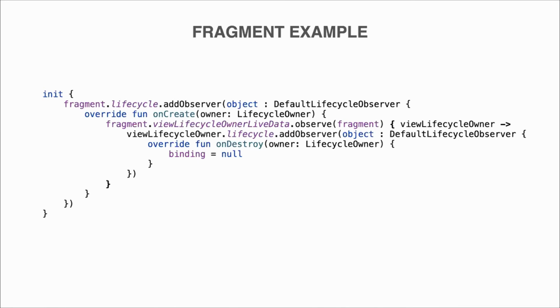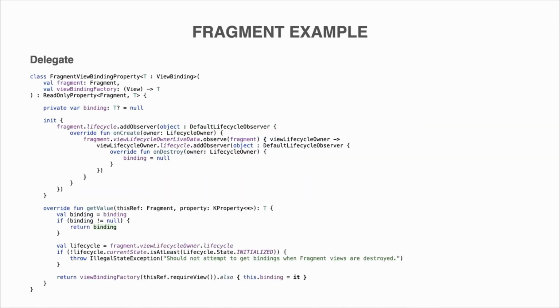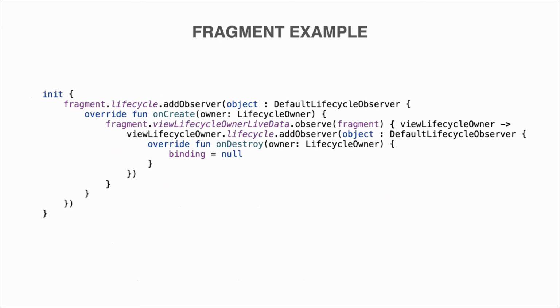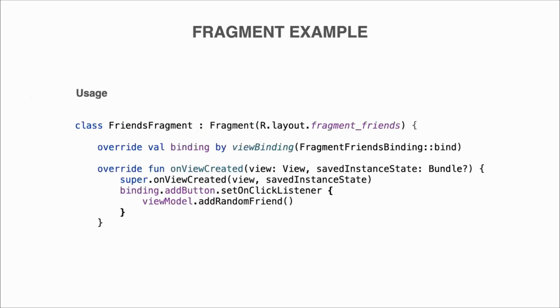It might seem like a lot of code when I show it, but once you do this, you can use binding as easily as in activities. You can just use this one line, view binding, and everything else is taken care of. You don't have to worry about destroying references.